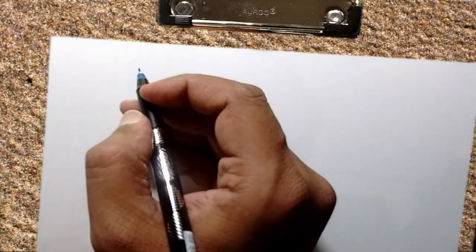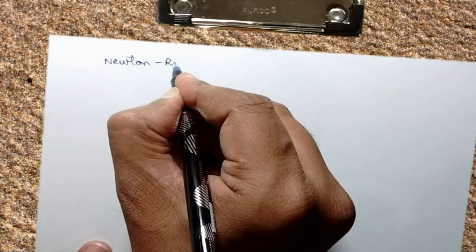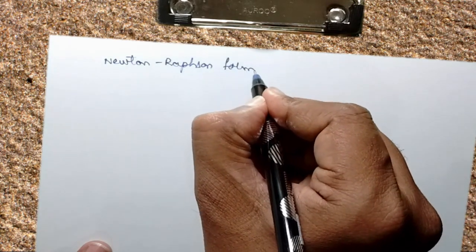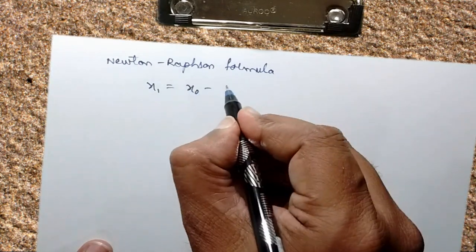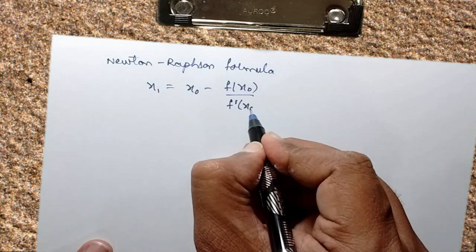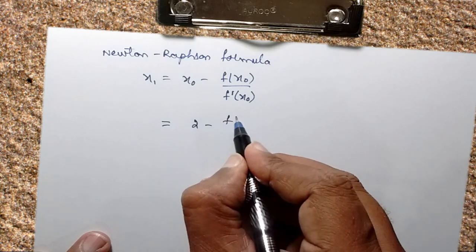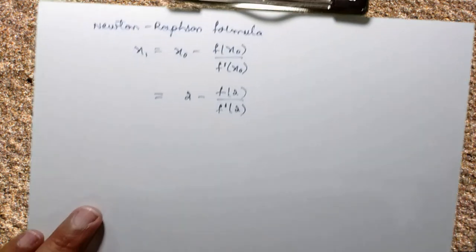Your Newton-Raphson formula will be x1 will be equals to x0 minus f of x0 divided by f dash of x0. But the value of x0 that you have taken is 2, minus f of 2 divided by f dash of 2. Right?